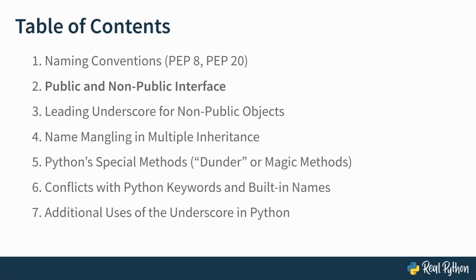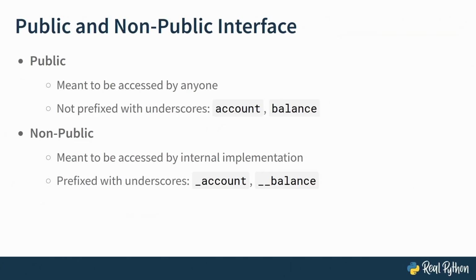But for now, just know that an interface can be public or non-public. So what is the difference between the two? Well, a public interface is meant to be accessed by anyone. The objects in that interface are not prefixed with underscores. So examples could be account or balance.